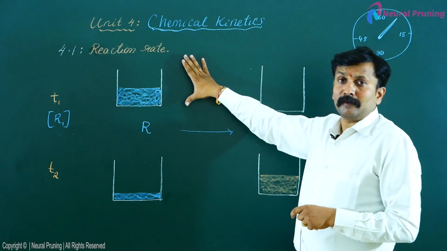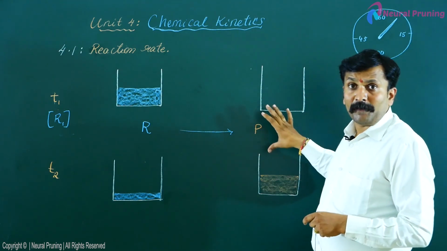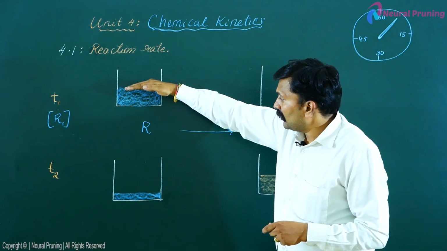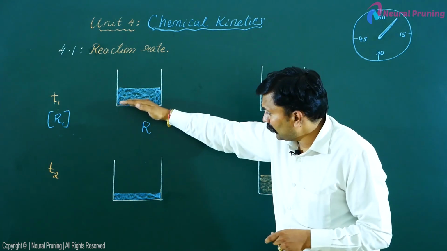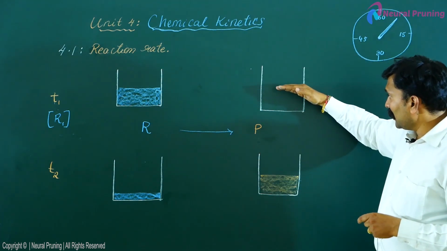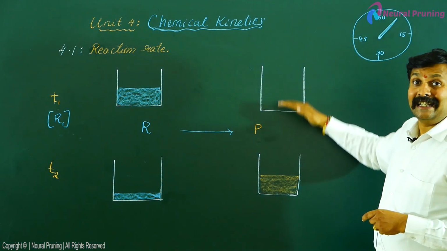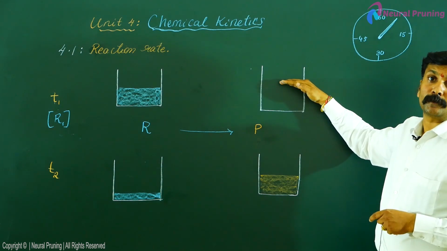Whereas in chemistry, we give the rate with relation to two factors: either the decrease in the concentration of reactants, can you observe this in the diagram which I have shown, or the increase in the concentration of products for a given interval of time.